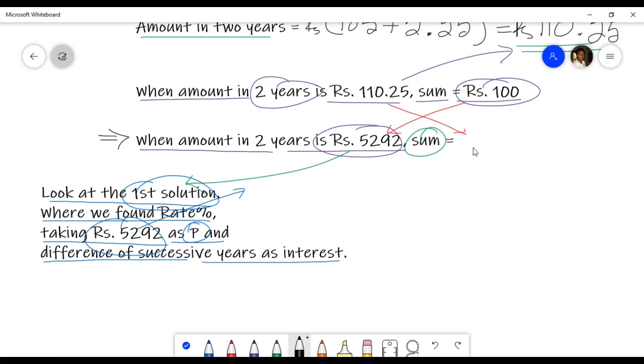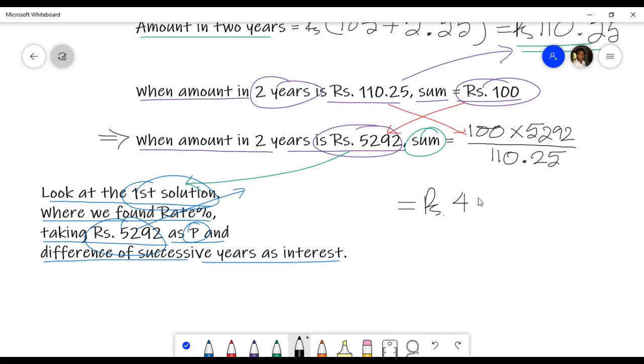Very easy, just cross multiply. When we cross multiply, we get 100 into 5292, that means sum into the amount in 2 years, 100 into 5292 divided by the amount in 2 years when we have taken the sum as 100 rupees.